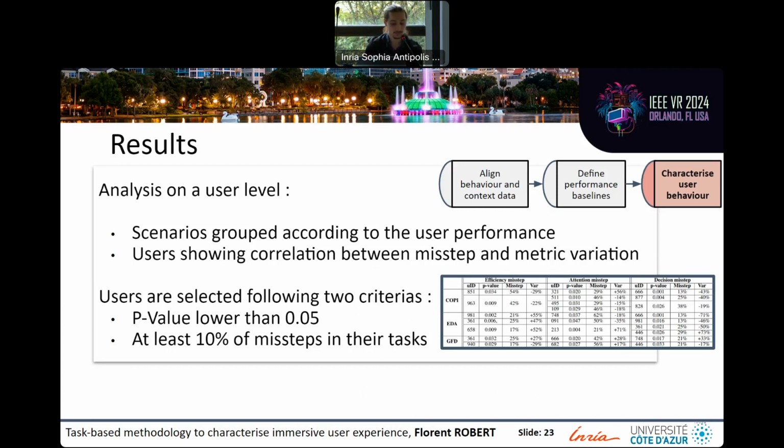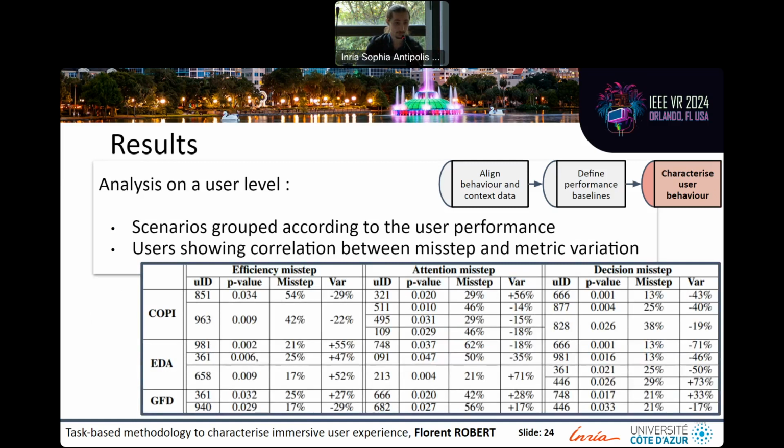So we selected only users which show a p-value under 0.05, and with at least 10% of missteps, in order to have a good amount to compare between the misstep group and the non-misstep group. So with this, we have this big table.